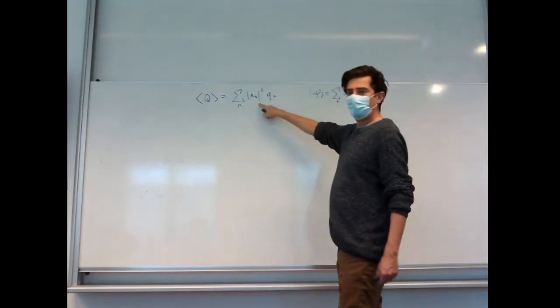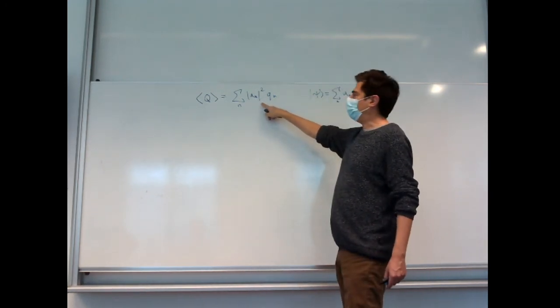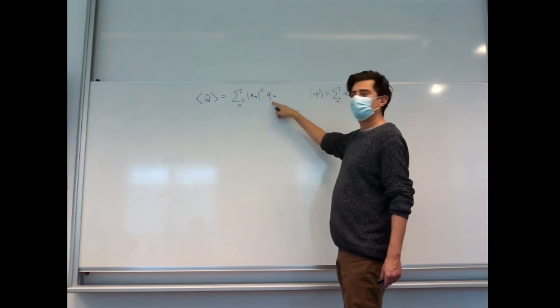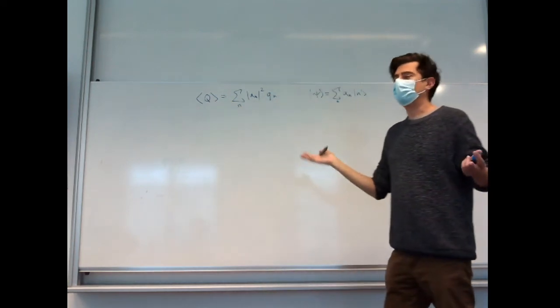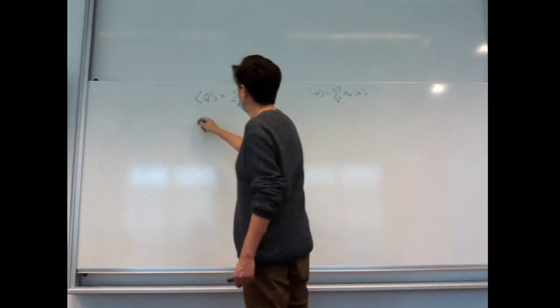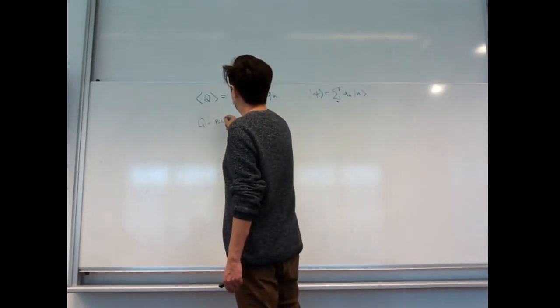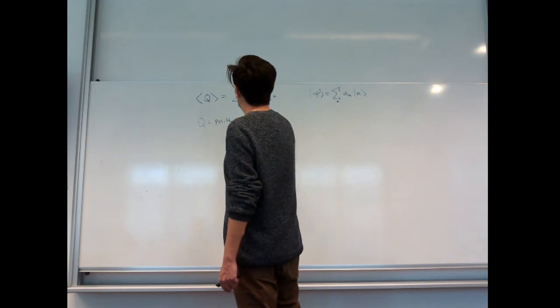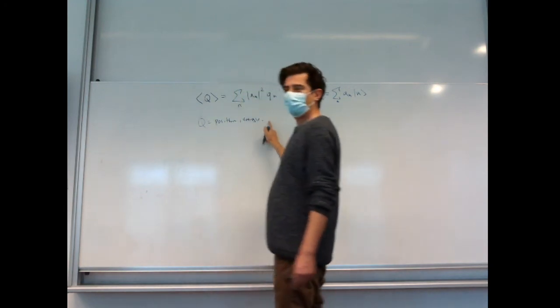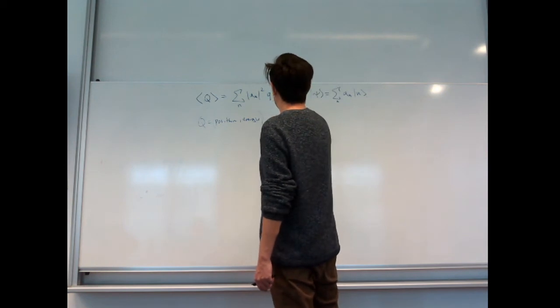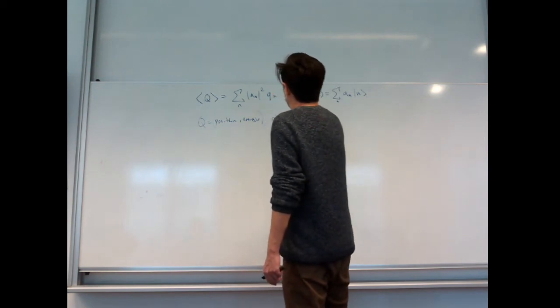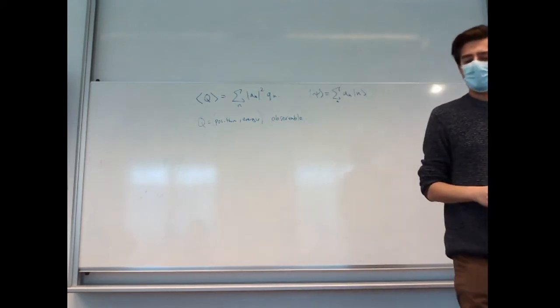So that's our probabilities, and that's the values of this q, whatever it is. Q could be position or energy or whatever, right? So this is our observable.